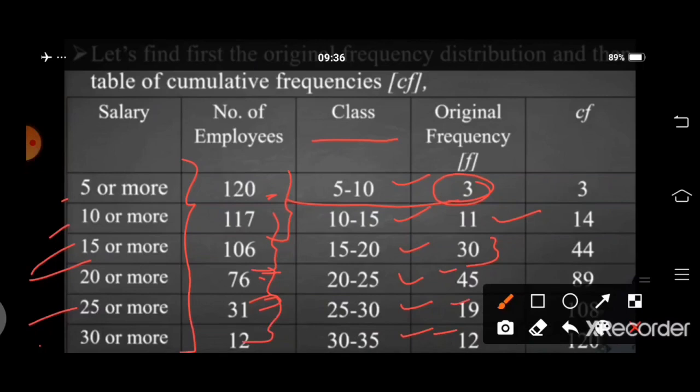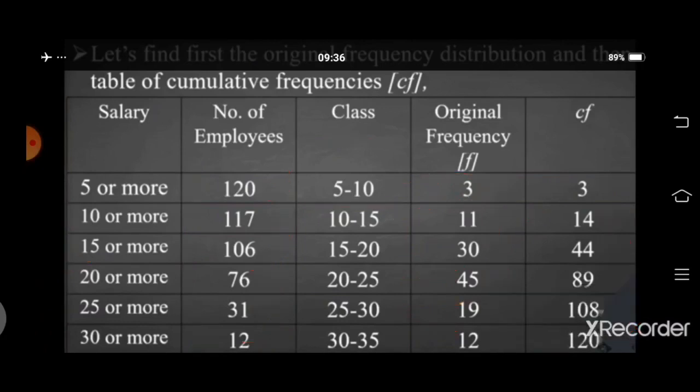Then find out cumulative frequency. 3 as it is, 3 plus 11, 14. 14 plus 30, 44. 44 plus 45, 89. 89 plus 19, 108. 108 plus 12, 120.